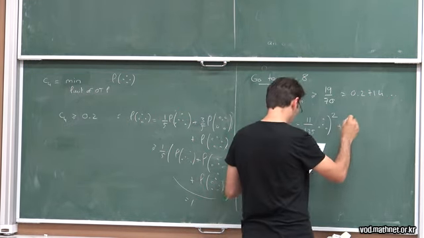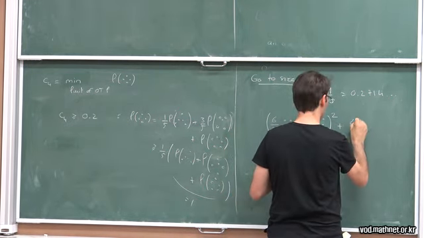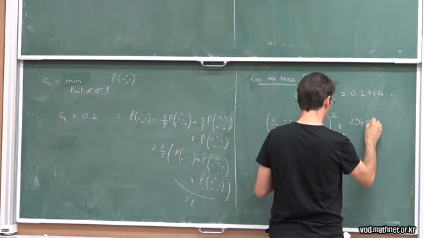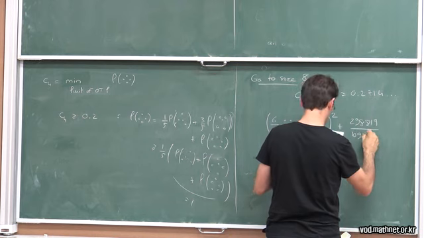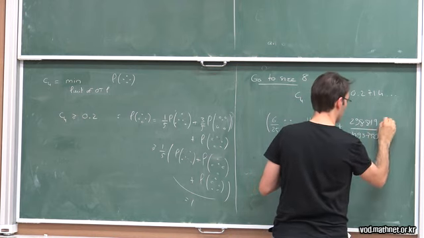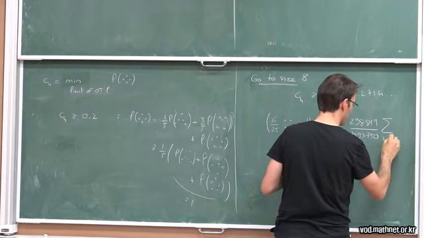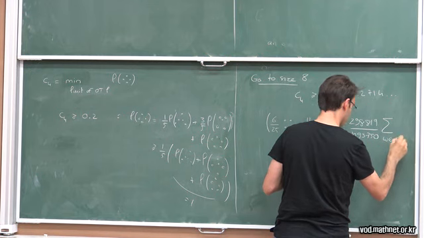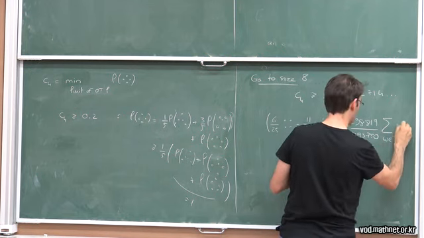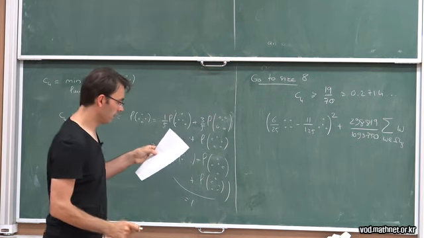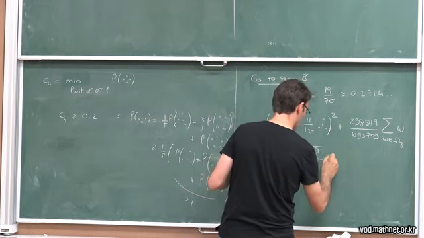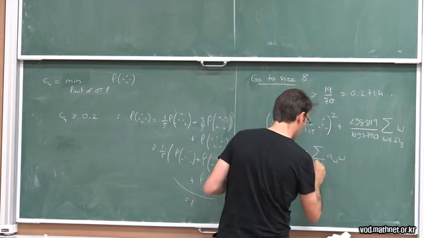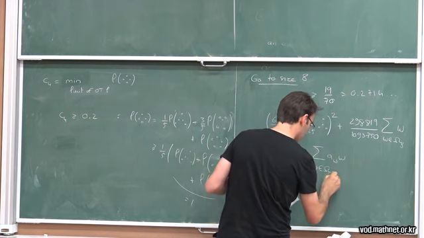You add the right thing, 298,819 over 93750 times the sum for all the order types of size 8. And this you find to be a sum of A omega omega for all order types of size 8.